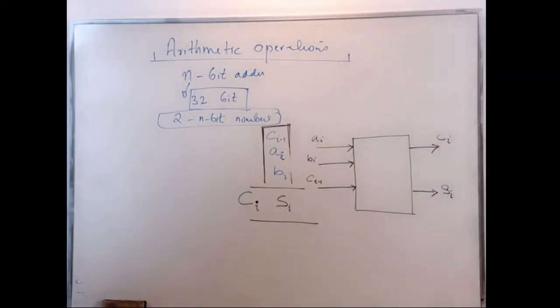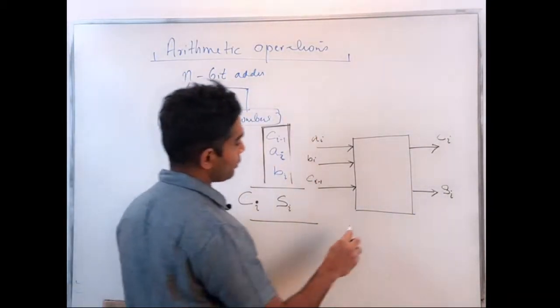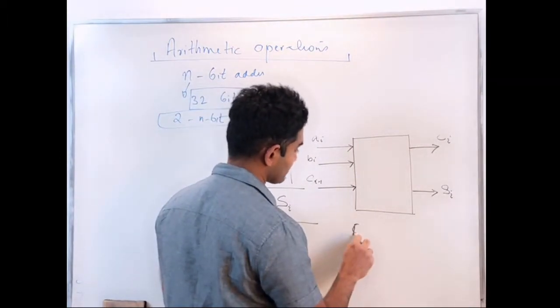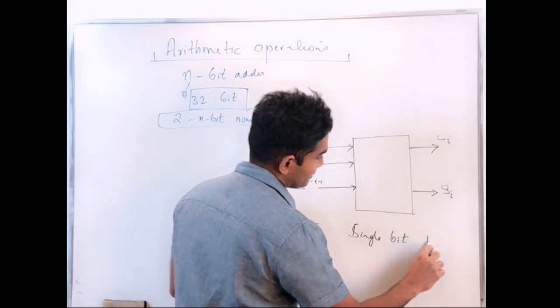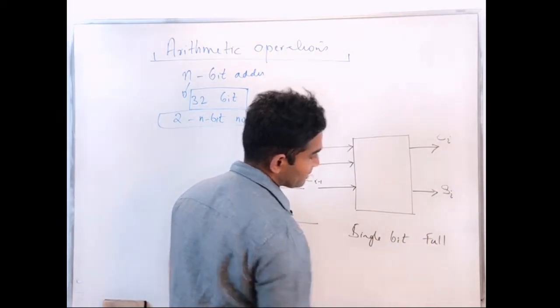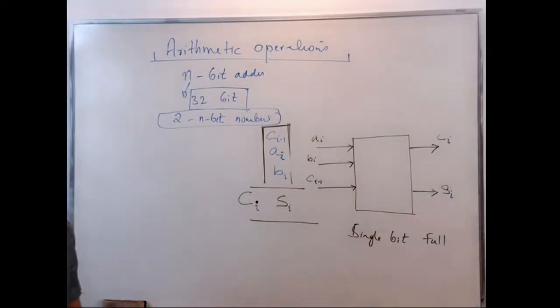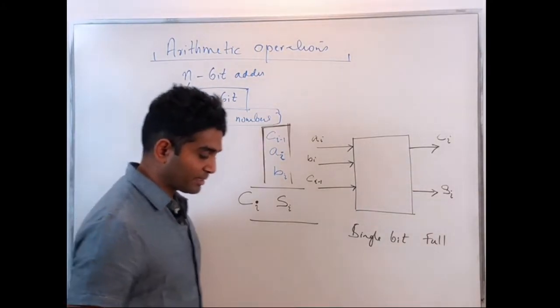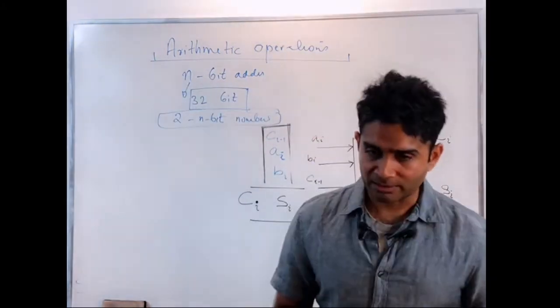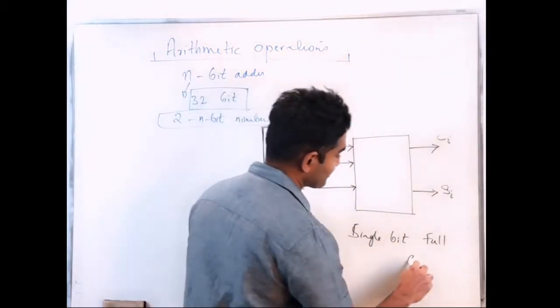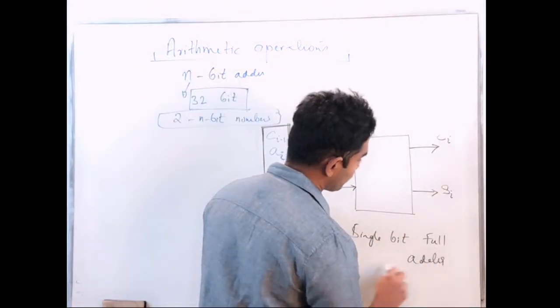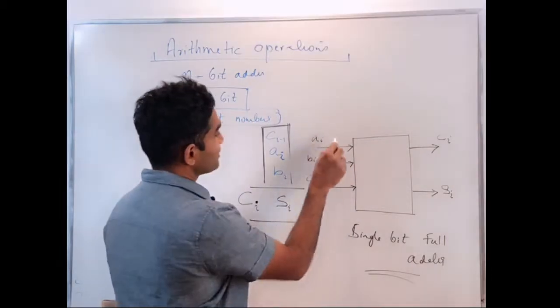Whatever module that we are designing right now is called the full adder, single bit full adder. Remember that in the first example, when we designed an adder circuit that can add 2 single bits together, we called that the half adder. We call this the full adder because this particular module also considers the previous carry.